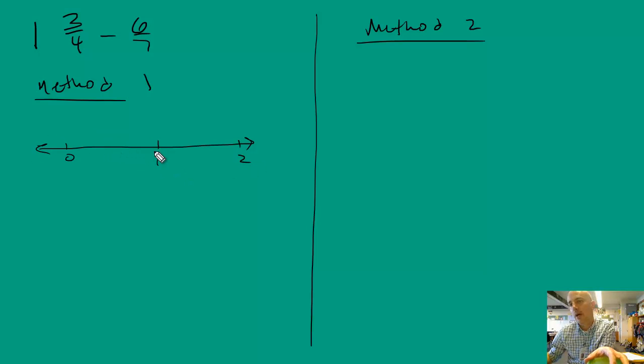I'm starting, on this one, at my 1 because I'm not going to worry about my 3/4. So I'm starting here. I'm taking away 6/7 in pink. So when I subtract my 6/7, I'm right here, and I know that there's only 1/7 left over. So that's 1/7. That's where that spot is.